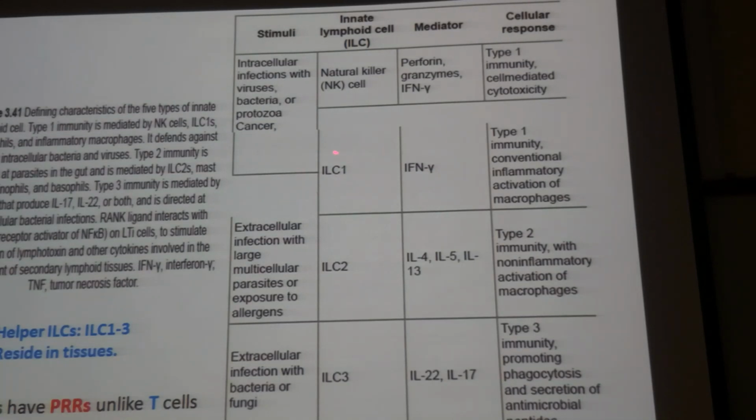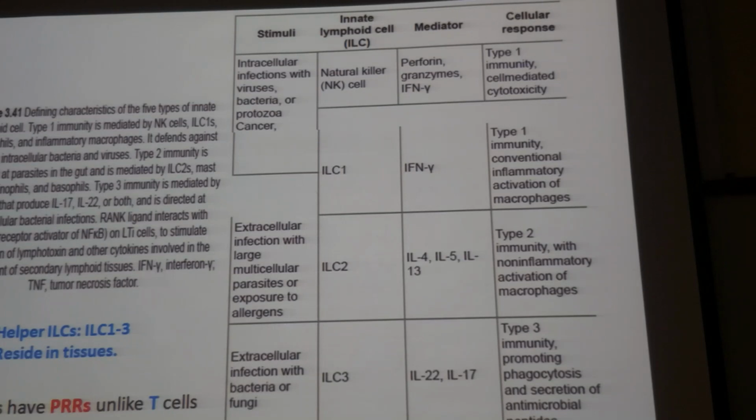The ILC1 mediator, by the innate lymphoid cell 1, is interferon gamma. Okay? You remember about interferons? I have told you about type 1 interferons only, not the type 2 interferons.